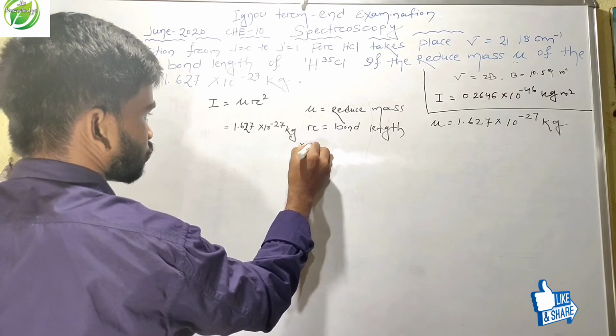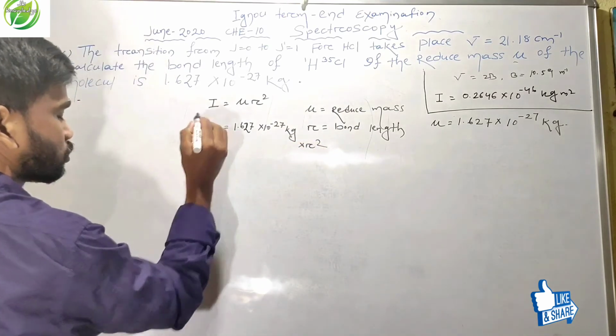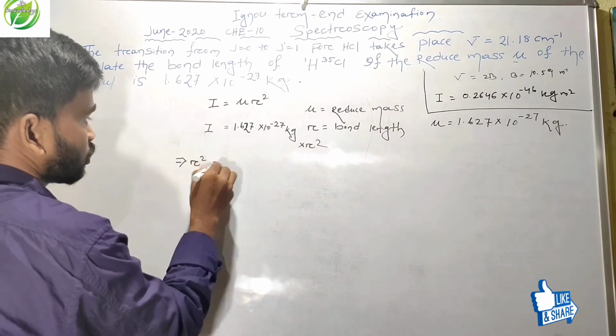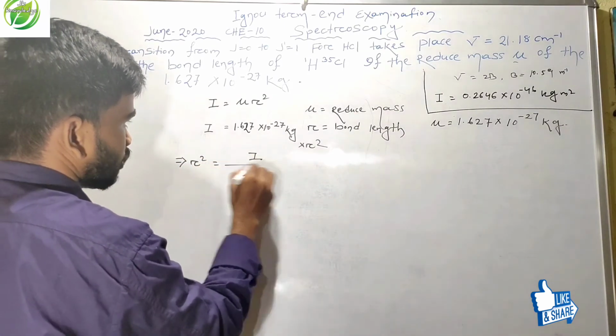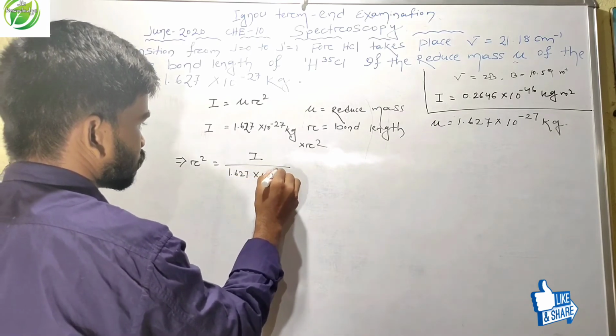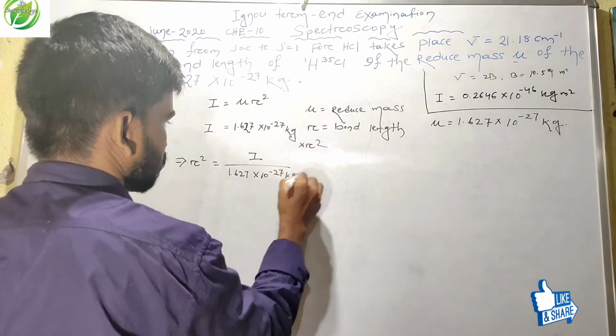We have 1.627 × 10⁻²⁷ kg times r squared, where r squared is equal to I divided by mu.